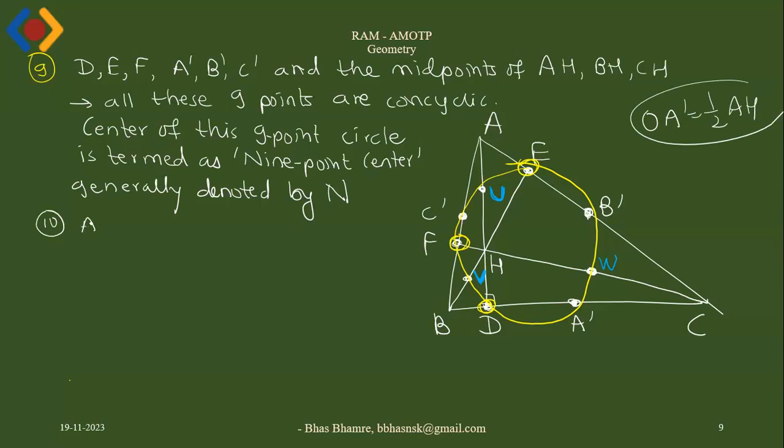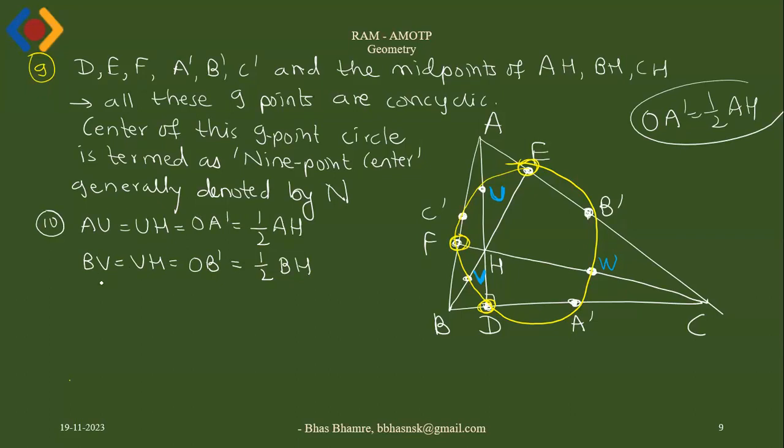We can say that AU equals UH equals OA', which is half AH. Similarly, BV equals VH equals OB', which is half BH.